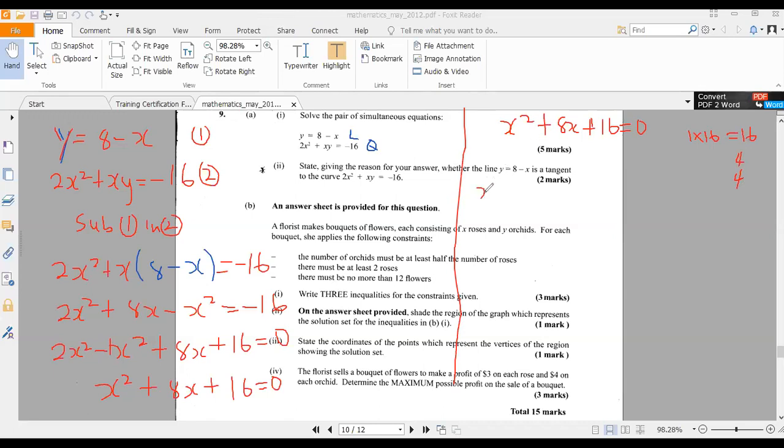x squared plus 4x plus another 4x, plus 16 is equal to 0.